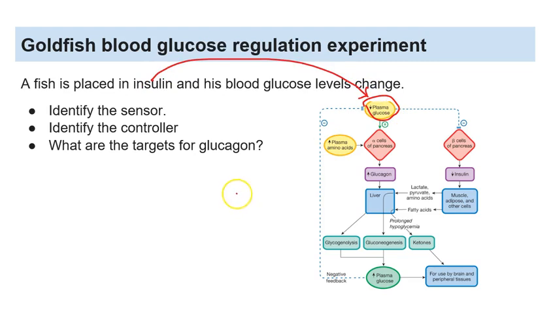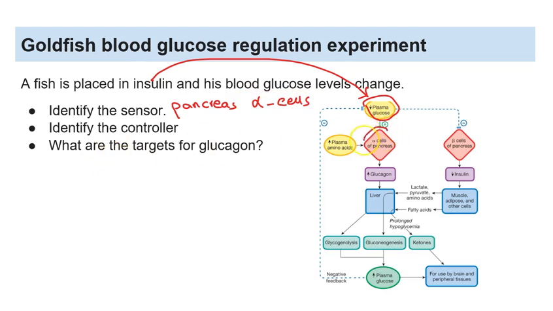So which cells in their body can detect these changes? This receptor or sensor would be found in their pancreas. The cells that are so sensitive to the decrease of plasma glucose are the alpha cells. So the sensor would be the alpha cells found in the pancreas.